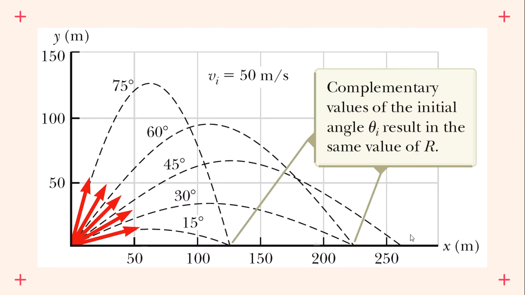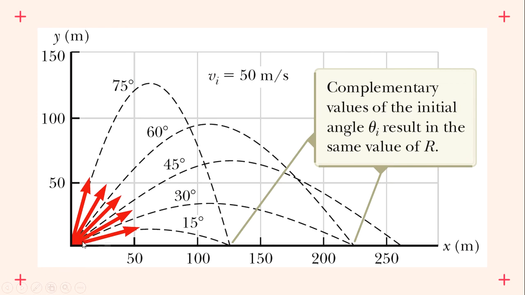Okay, so I have an illustration here. The complementary values of the initial angle theta i result in the same value of R. So suppose that you throw the ball at 15 degrees, you should not assume that it will go very far. It will just go a short distance, because sine of 2 times 15, sine 30, is such a small value because it's a decimal.